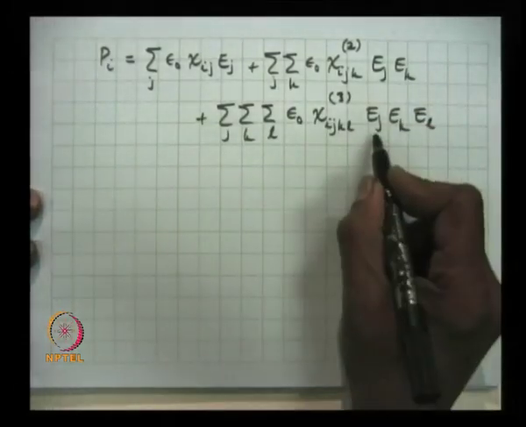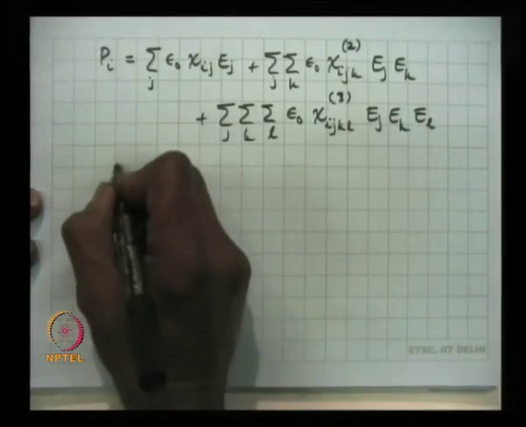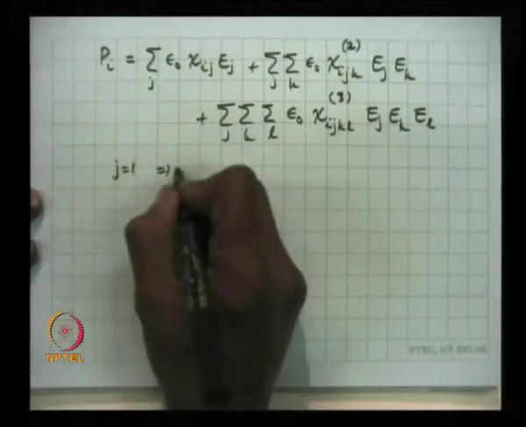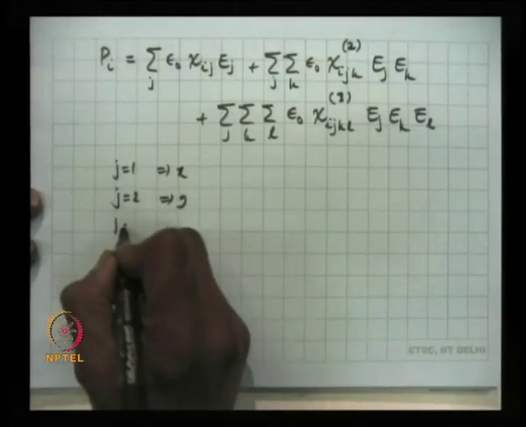So, this could be E 1, E 2, E 3, which is E x, E y, E z. So, j is equal to 1 is x, j is equal to 2 is y, and j is equal to 3 is z.